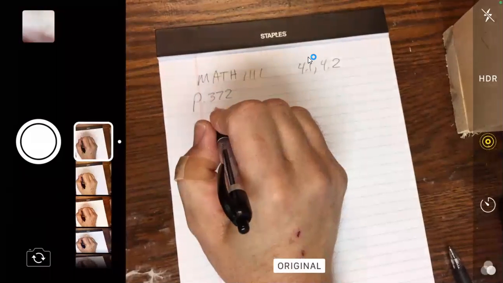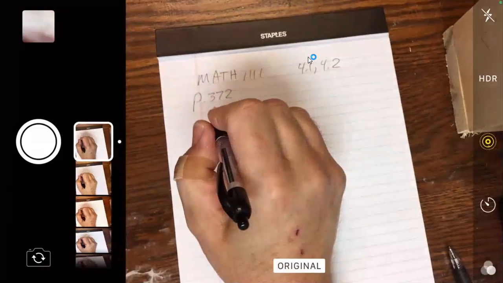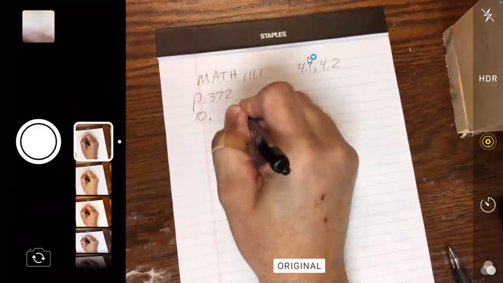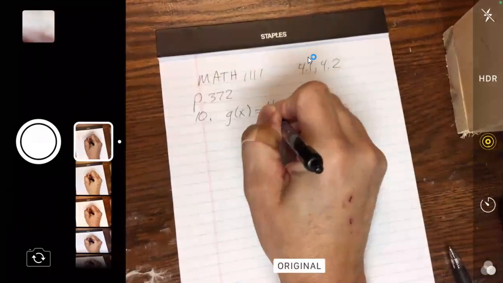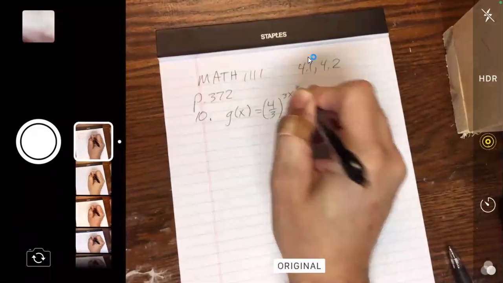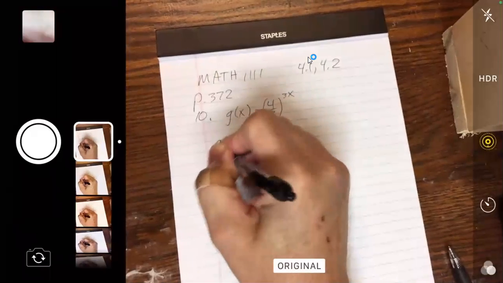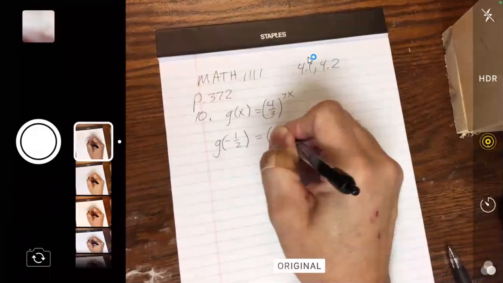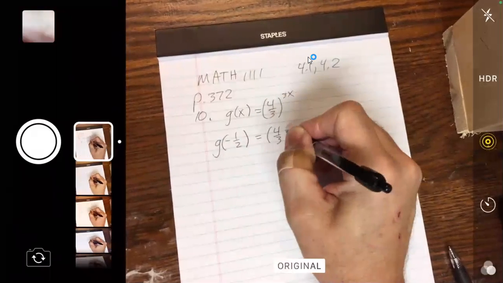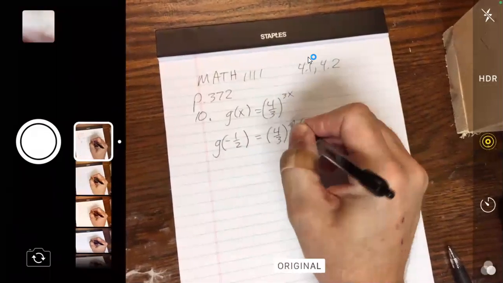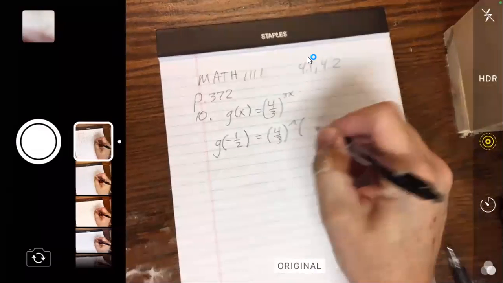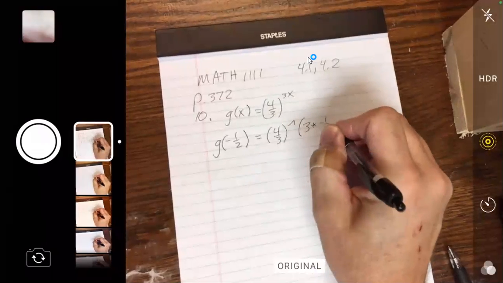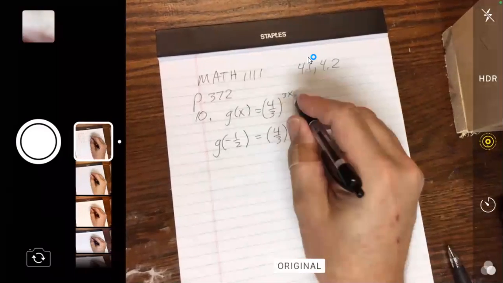How about problem number 10? It says g of x is 4/3 raised to the 3x. First thing they want is g of negative a half. So we'd have 4/3 raised to, and make sure you stick your exponent, you've got multiple pieces here, in parentheses, 3 times negative 1/2, negative a half in for the x.